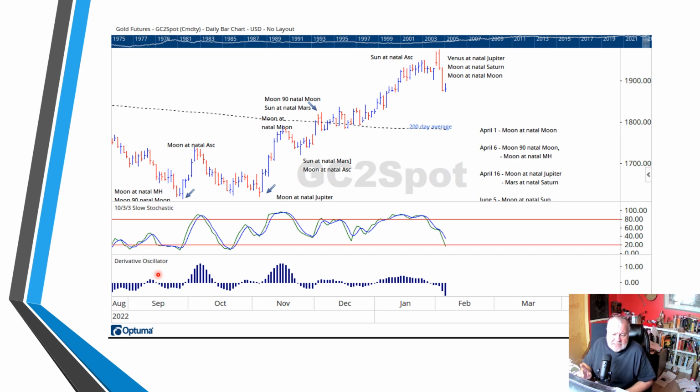So I basically take a stochastic and an oscillator and my cosmic events, and what I'm looking for then are opportunities where I get a buy signal on the chart technicals that aligns with the cosmic events on the chart.